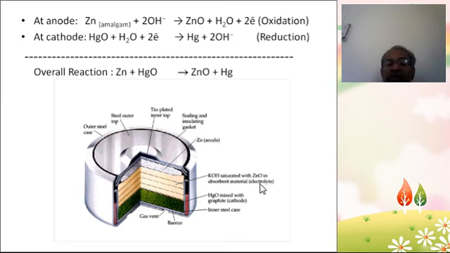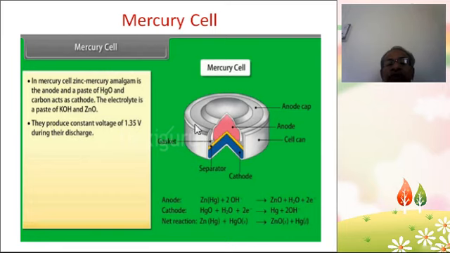So this is the anode, this is the cathode, and in between these two the electrolyte is placed, and these two are separated by the separator. Here is one more diagram. The diagram is the same, but it gives a clear idea about the cathode and anode. See here, this is the cathode, this is the anode, separated by the separator, the yellow colored layer.